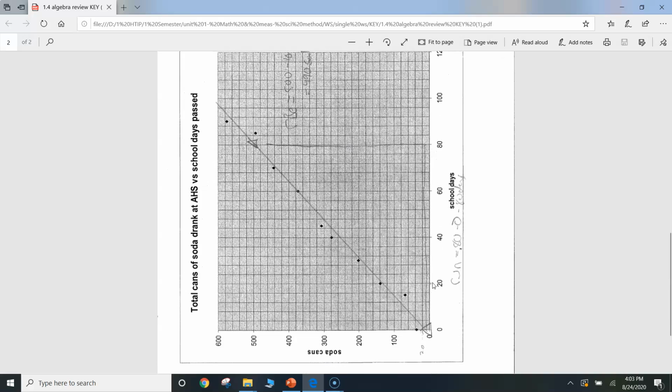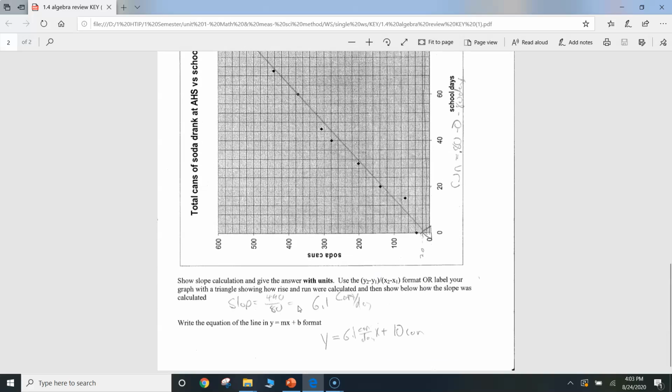And then my run is 80 minus 0. So that's just 80 days. Putting that into the formula, 490 cans divided by 80 days gives me 6.1 cans per day. And that's my m, so y equals mx plus b. And my b, I just read right off the graph, it looked like it was about 10 cans.